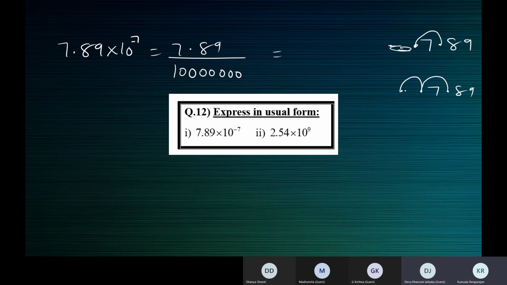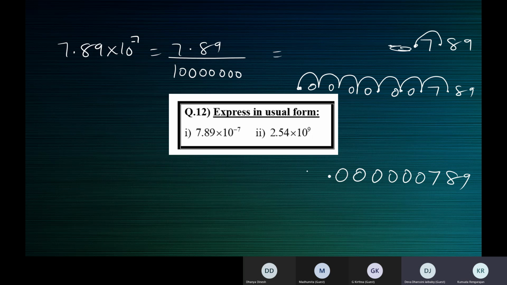There should be a digit here then. So add zeros. You can add a 0 here.